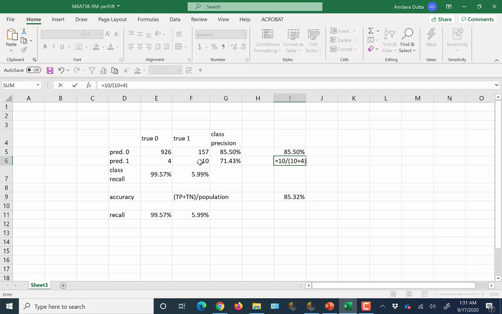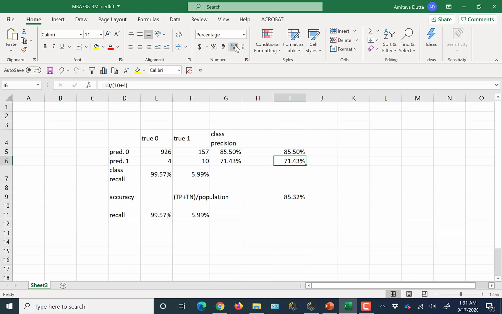There's your 71.43%. Let me change that to a percentage. There's your 71.43%. So there's your accuracy, recall, and precision calculation.